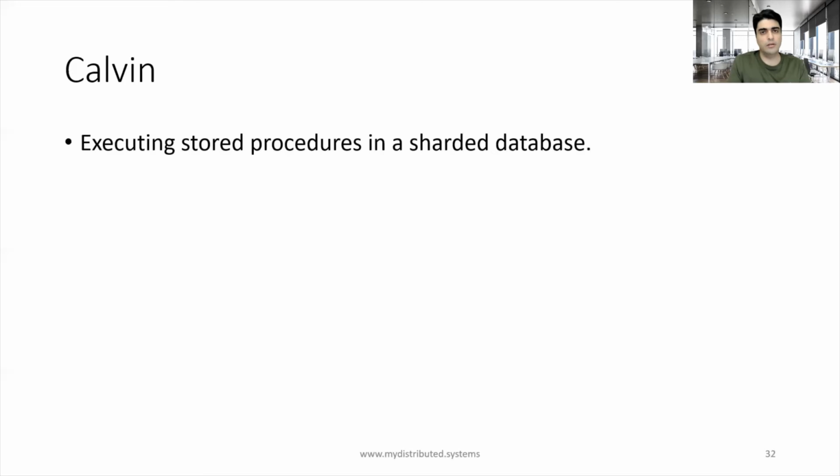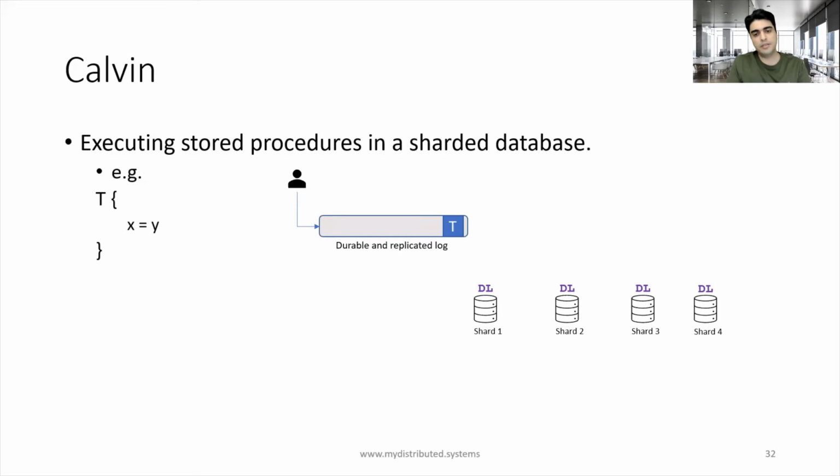Okay, so we said in Calvin each transaction must be in the form of a stored procedure, right? But the question is how we can execute a stored procedure in a distributed environment. Suppose we have a very simple stored procedure. It sets the value of X to Y, right? So we append this transaction to our durable log.